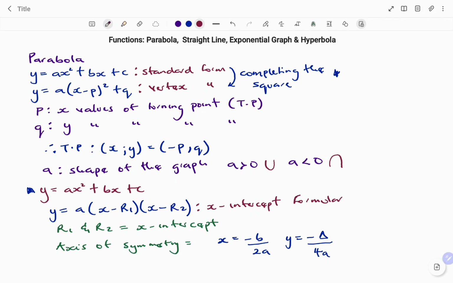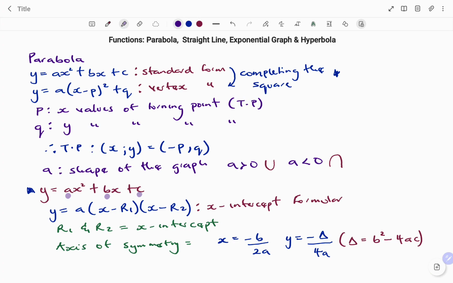Note that my delta equals b squared minus 4ac. You get the values of a, b, and c from your formula. That's your a, your b, and your constant c.